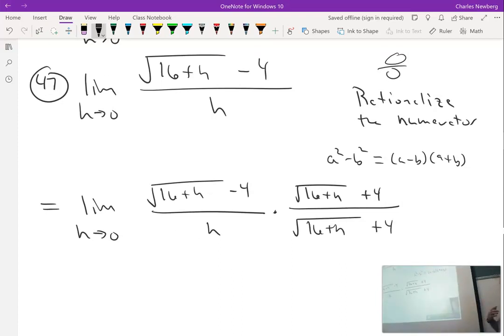Okay, so what am I multiplying? A form of 1, so it functions equivalently, it's just in a different form. Now in the numerator, what do we have? We have the form a minus b times a plus b, so what are we going to end up with? A squared minus b squared.